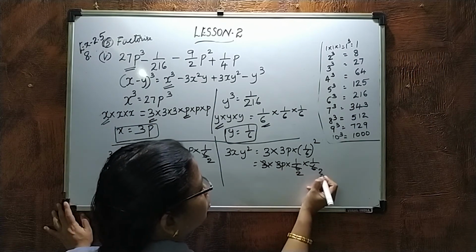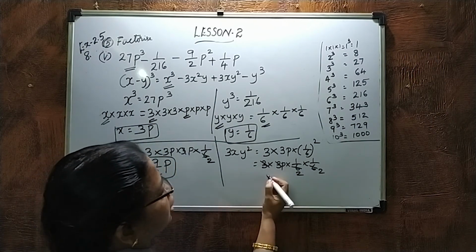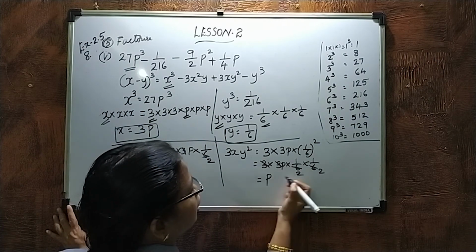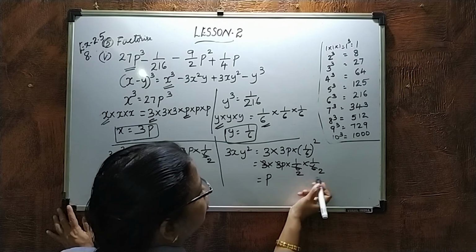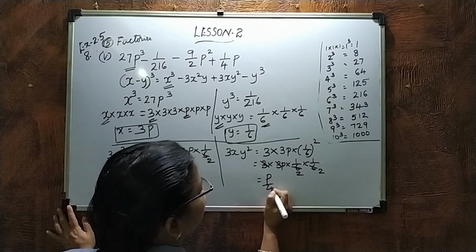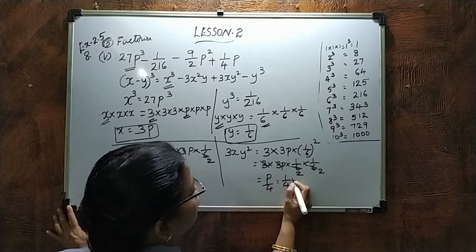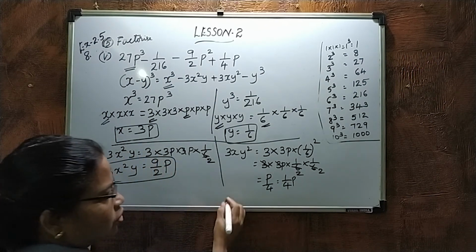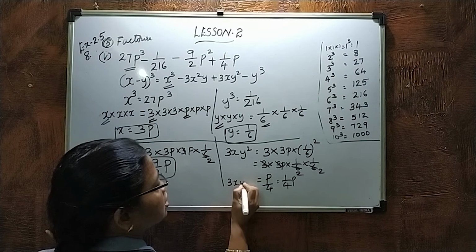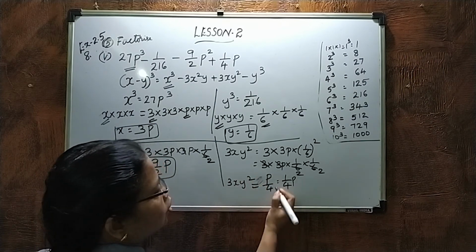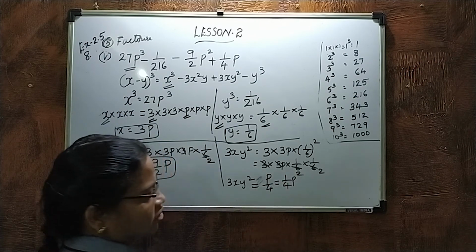Here also 3 2s are 6. So here it will be p, p into 1 into 1, p, then divided by 2 into 2, 4, p by 4. That means it is 1 by 4 p. Right. So 3xy square equals p by 4, and you can write it as 1 by 4 p.